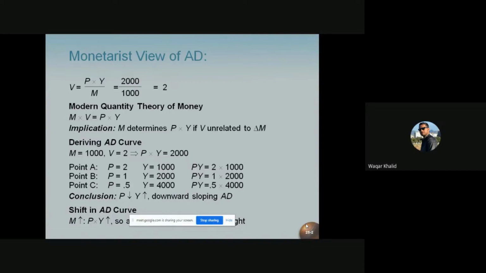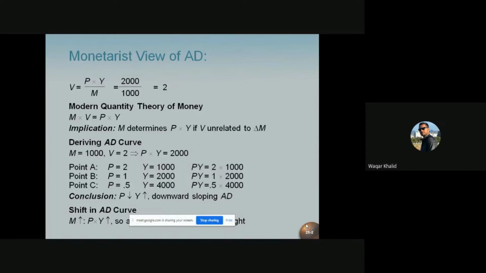If there is a change in the quantity of money in an economy, it will affect the aggregate demand curve. Milton Friedman was the pioneer economist of the monetarist school of thought.